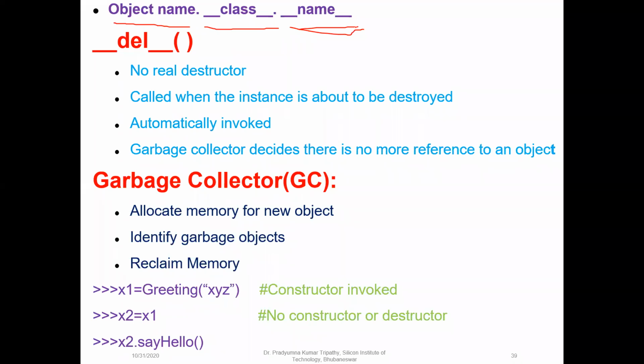Correct? And there is a garbage collector that allocates memory for new objects, identifies garbage objects, and reclaims the memory. Whenever an object is created, it will allocate memory for it. It identifies the garbage object: if it is not required, not pointed to by any object's memory location, it will be treated as a garbage object.